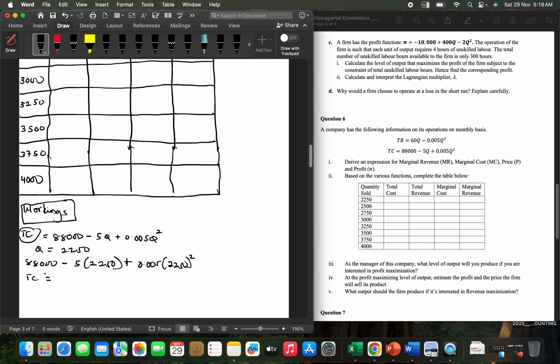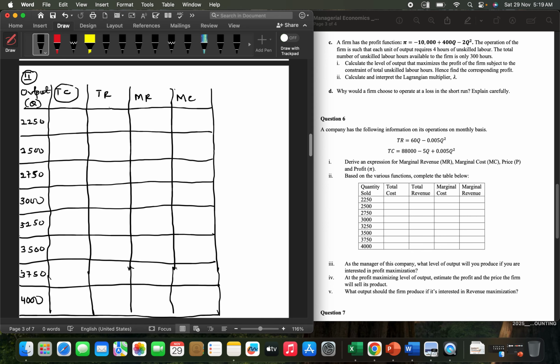So the first total cost, this is what we are going to get: 102,062.5. You continue like that. You pick the next output, 2500, put it in the total cost function. Pick the next output, 2750, put it in the total cost function. You do that for everything, then you fill the total cost column.